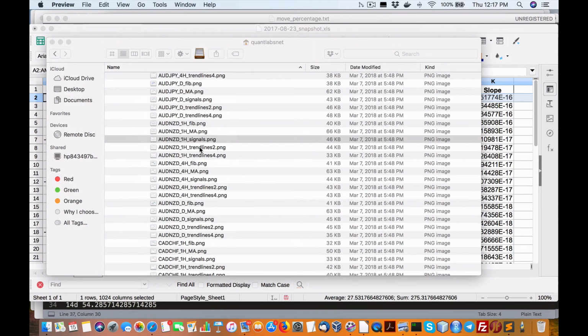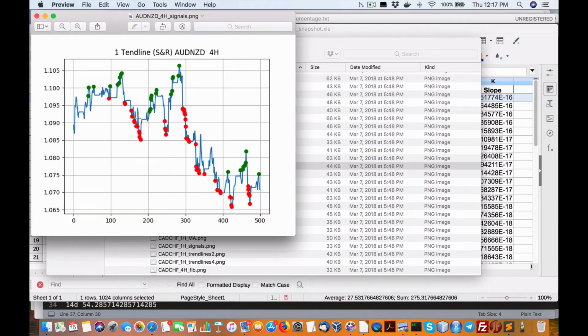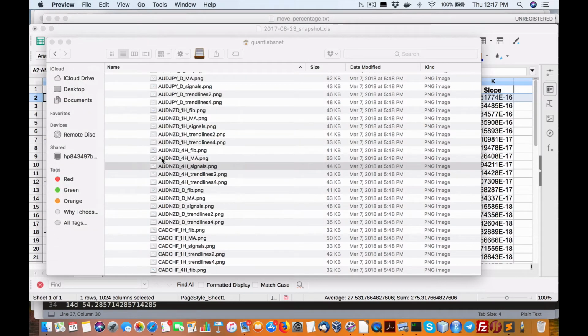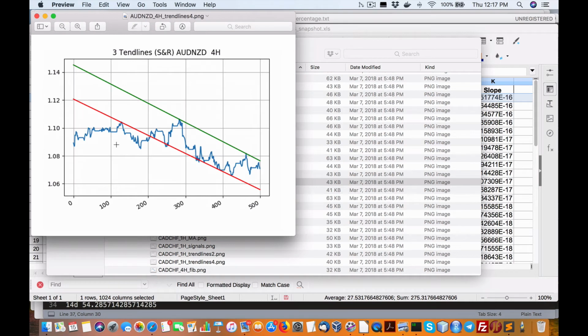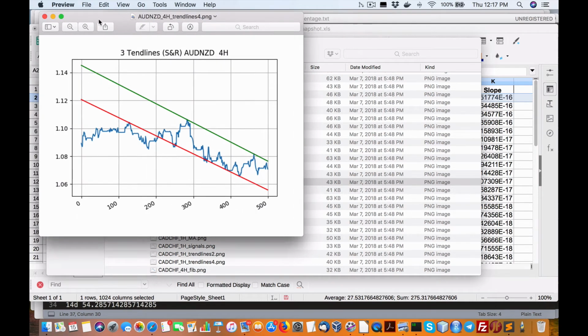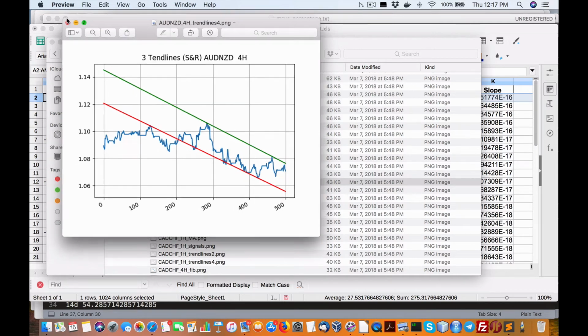But I bet you if you looked at the 4-hour signaling, it's clearly in some form of a downtrend on the 4-hour basis. So that's something you definitely stay away from. And you can see here, obviously this is the 90-day trend. Actually, I think it's a 500-day trend. So it's clearly in a downward mode.